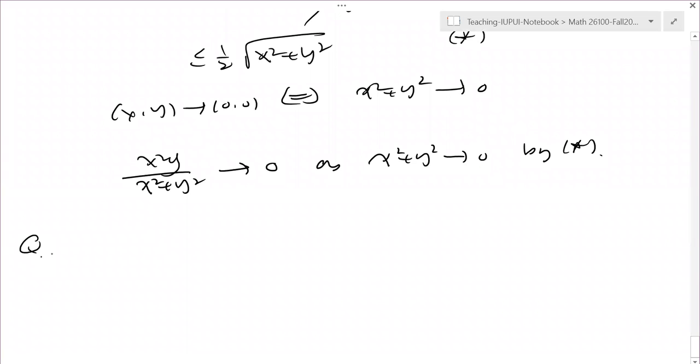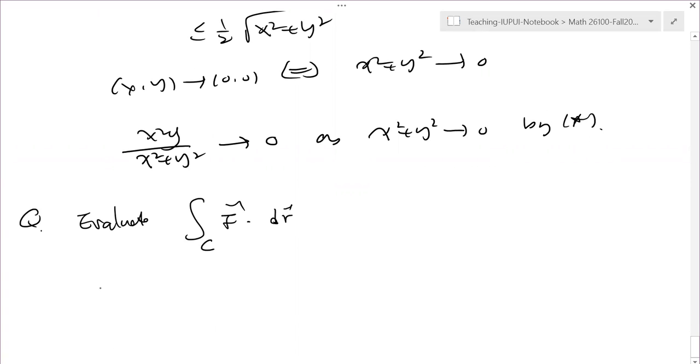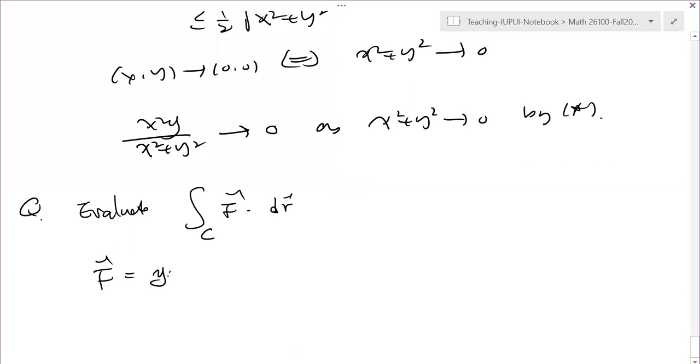Our next problem is to evaluate the line integral along C. Now, what is F? F is y squared i, z squared j, x squared k.